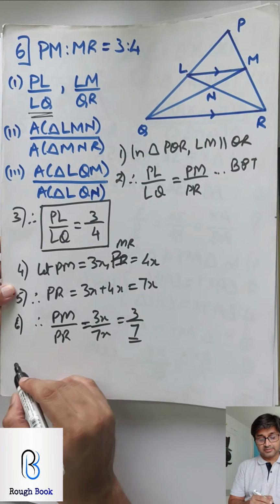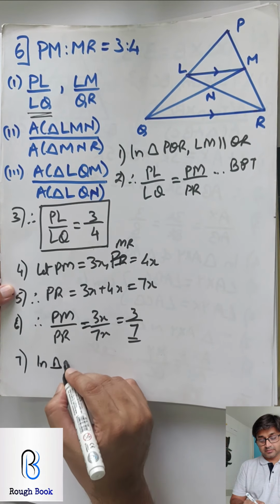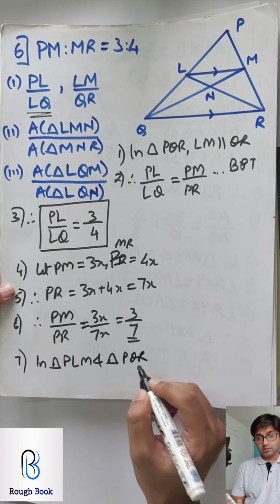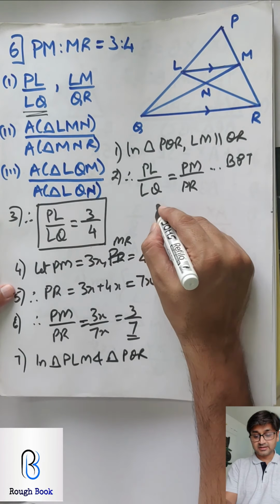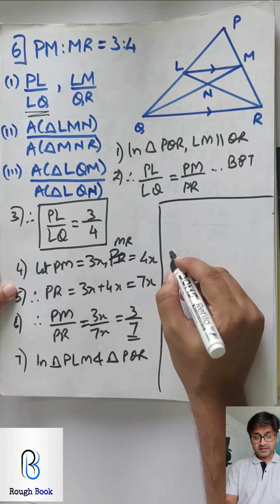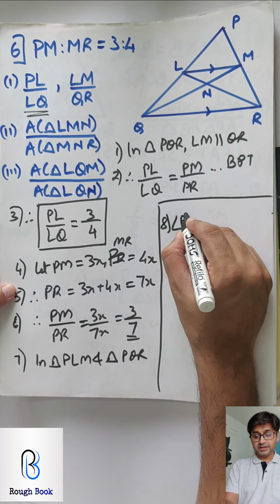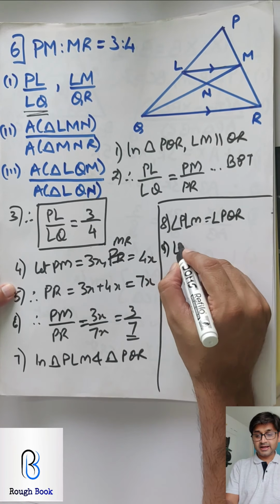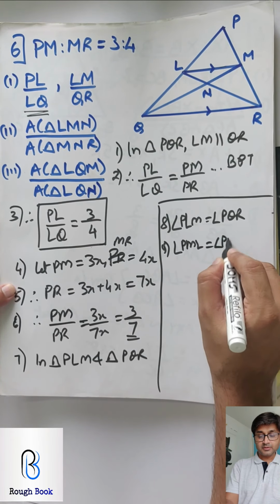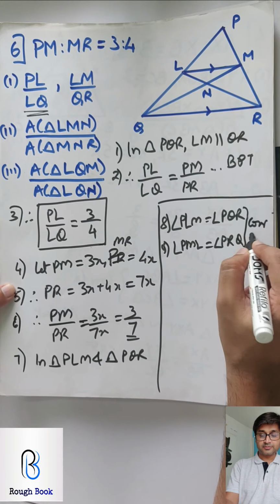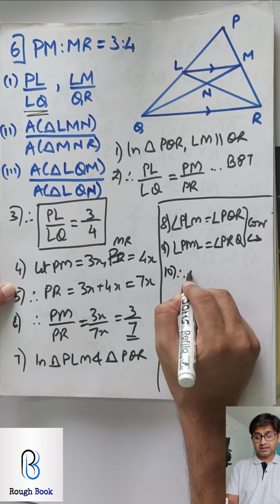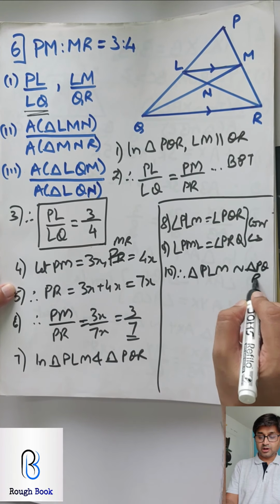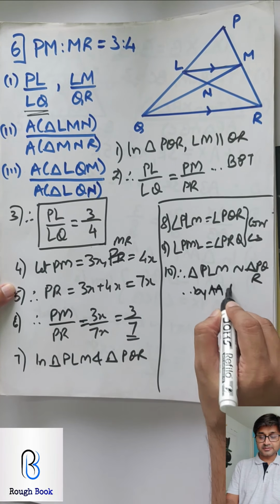Now prove the two triangles similar. So in triangle PLM and triangle PQR, we will prove the two triangles similar. So I am doing it here. Step 8. Angle PLM equals PQR and angle PML equals PRQ. Reason, corresponding angles. And therefore I can say triangle PLM is similar to triangle PQR by AA test.